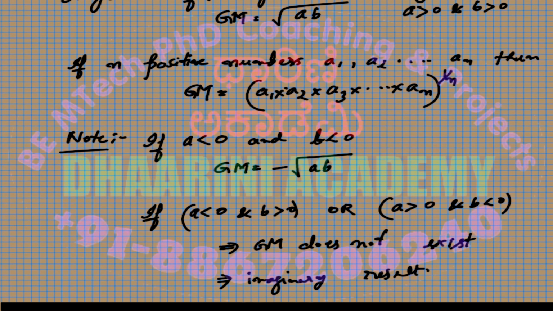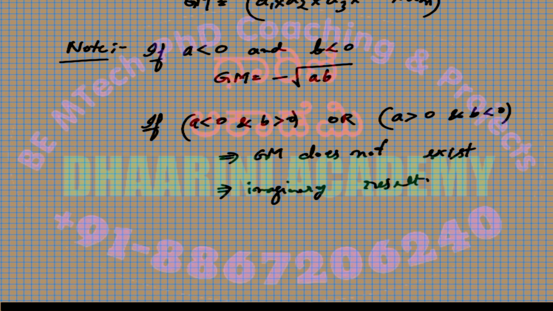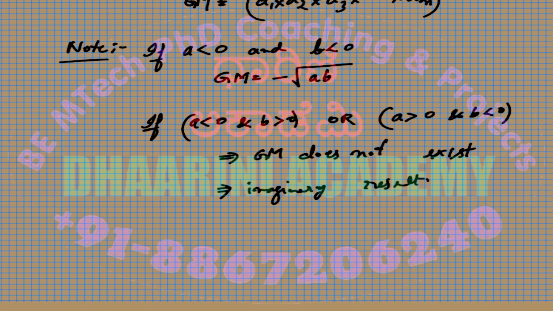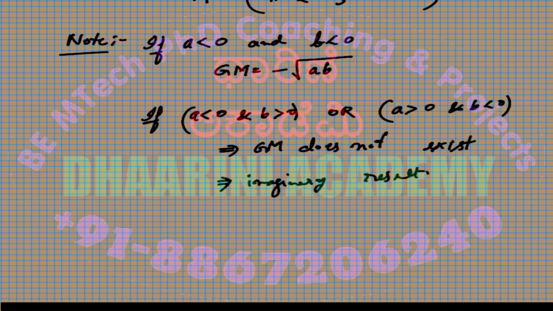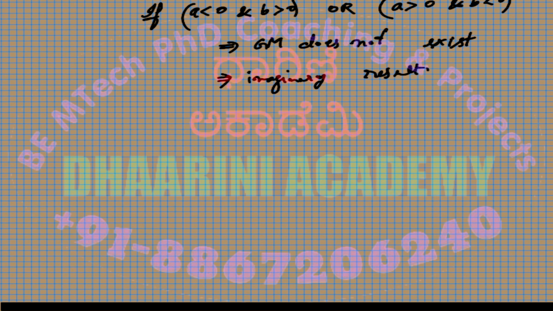So you get an I over there if you apply the regular form, right? So root of minus a into b or root of a into minus b. Either the case you get an I over there. Okay, this is the first point. Anyway, the equations are pretty straightforward. We can calculate if we want to find out any geometric mean.